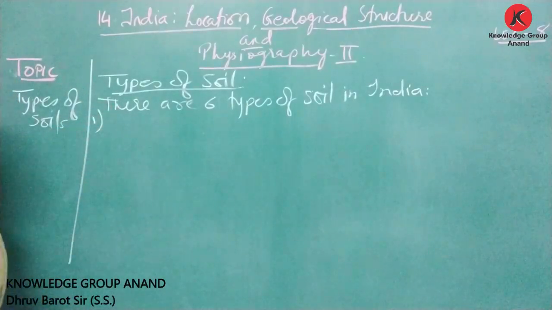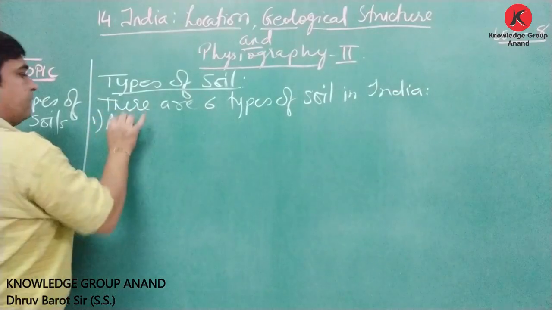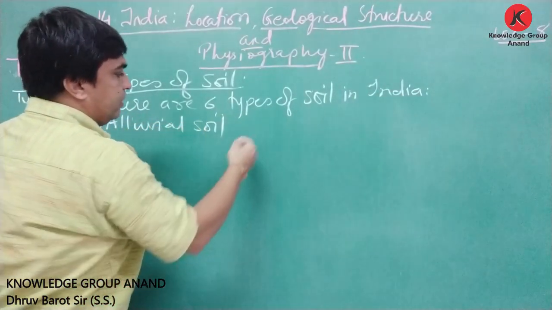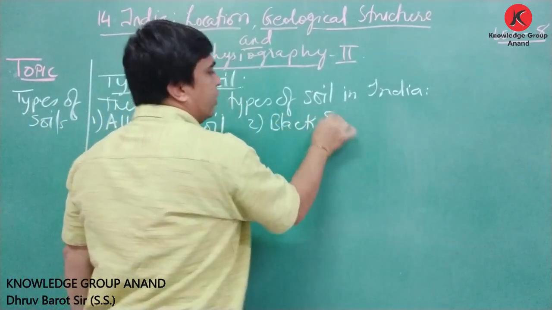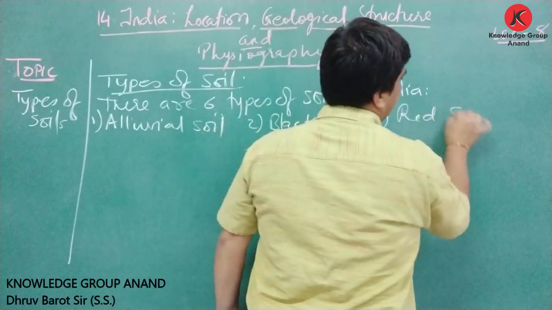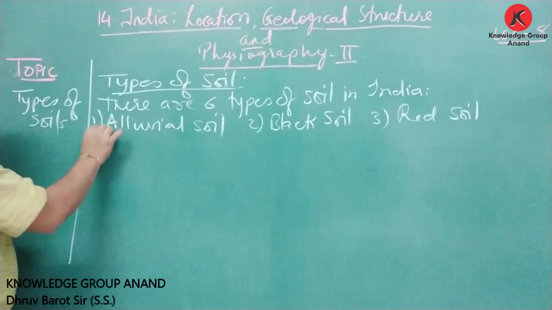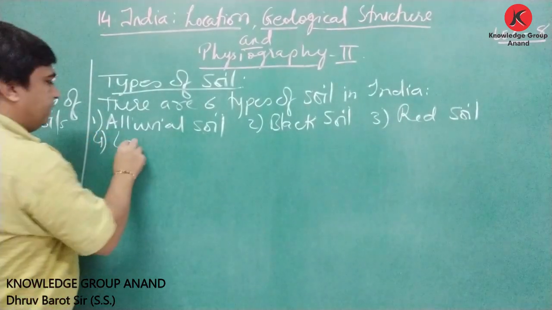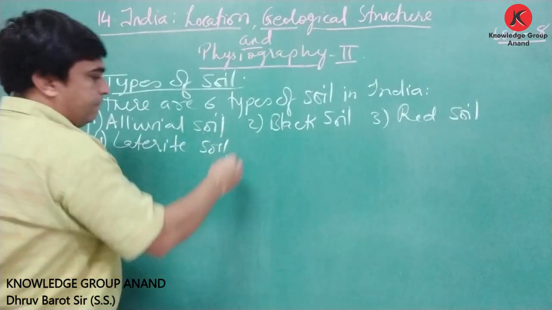First, alluvial soil. Second, black soil. Third, red soil. The fourth one, laterite soil.